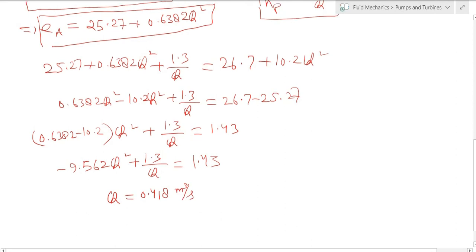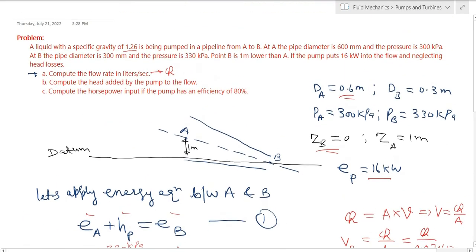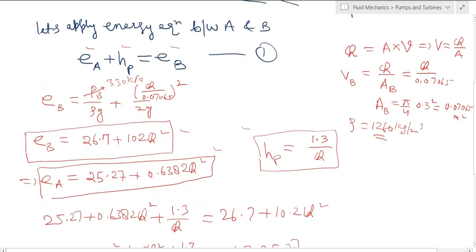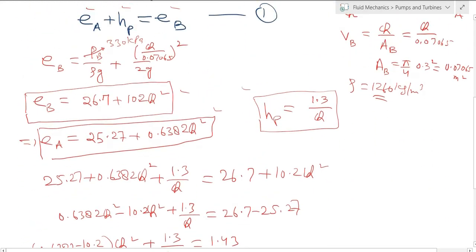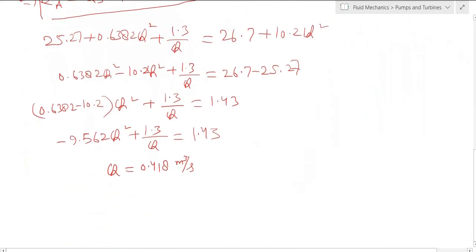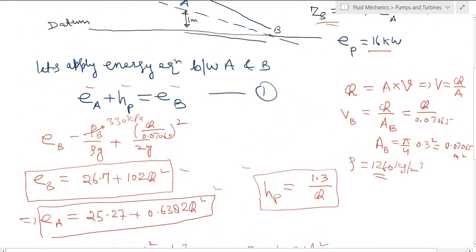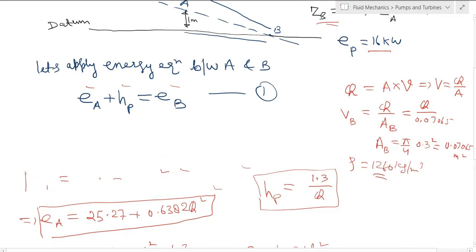So that's it. I find the flow rate to be 0.418 meter cube per second. This is approximately, okay, and that's it. Okay, so let me erase all of this.